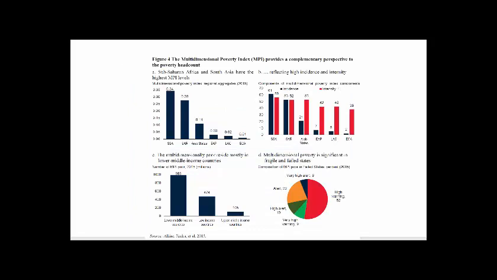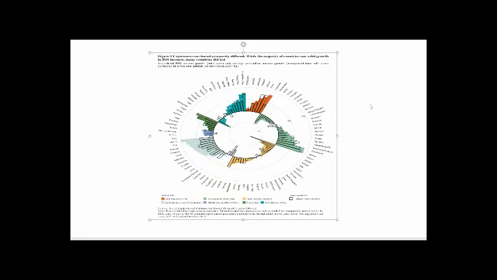This is an example of this multidimensional poverty index applied to different parts of the world. Now, this is an interesting chart. We look at the experience of the bottom 40% of households and see whether their income grew or not in a 5-year period, 2007 to 2012 approximately.